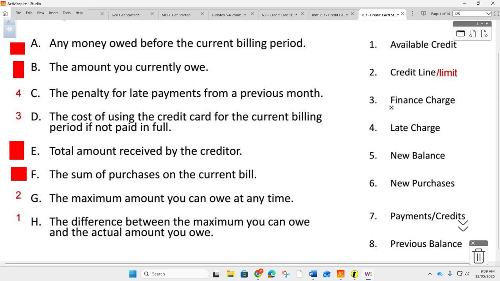They're different things. If you don't pay off the entire balance, but you at least pay the minimum payment, they don't charge you a late fee. Okay, Eldred? I just assumed you had it right because you were so confident, but that was my bad. But they are close. Once again, they're closely related. So the penalty for a late payment is a late charge. The cost is the finance charge.